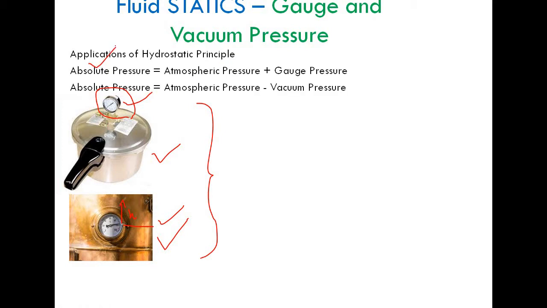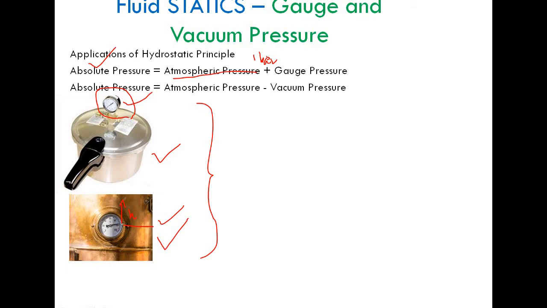And now we will discuss different units of pressure. As I already told, atmospheric pressure is 1 bar. 1 bar is equal to 101,325 Newton per meter square.